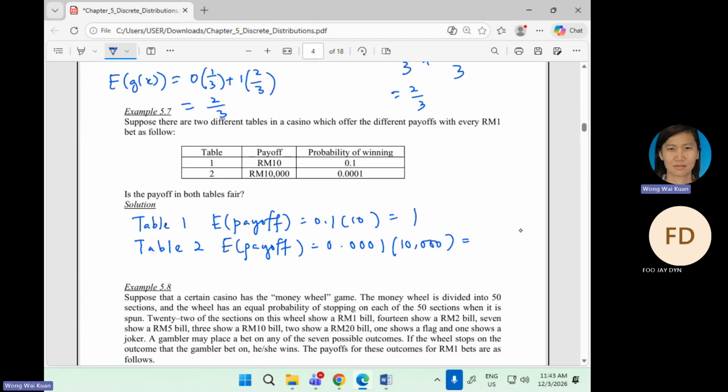So you get back 1 or so. So they have the same payoff. Then we will say the payoff in both tables is fair. They are fair, they are the same.